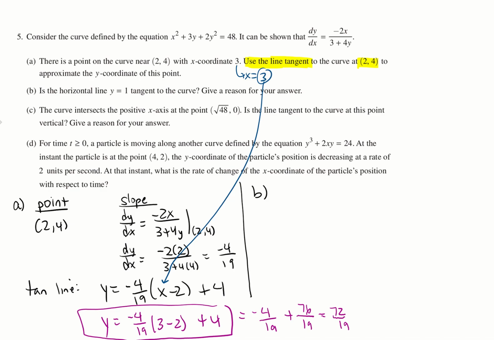Is the horizontal line y equals 1 tangent to the curve? And give a reason for your answer. All right, well, if something is tangent, then it should be drawn so that it has a slope that's the derivative at that instant. So what is the slope of the line y equals 1? The slope of y equals 1 is 0.